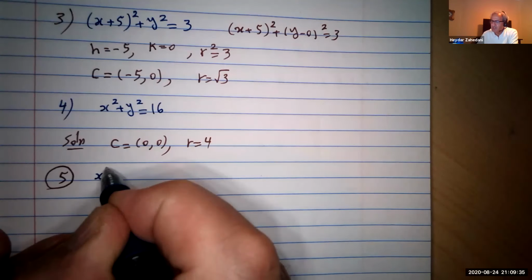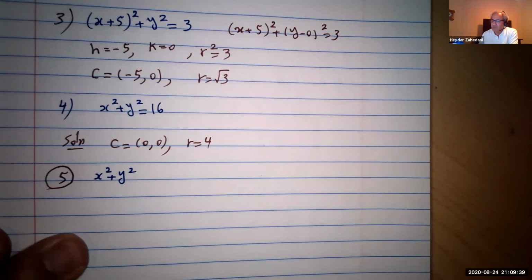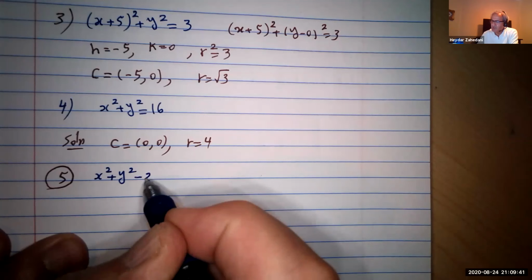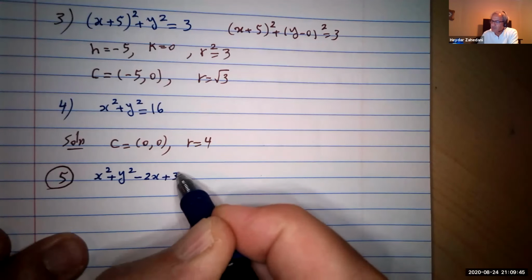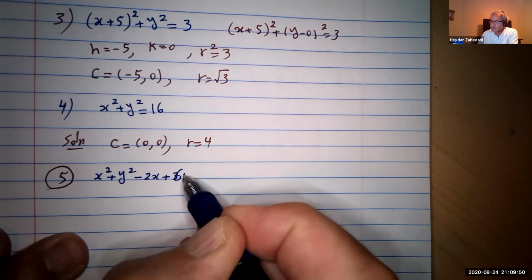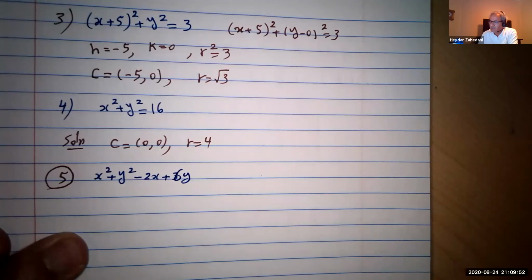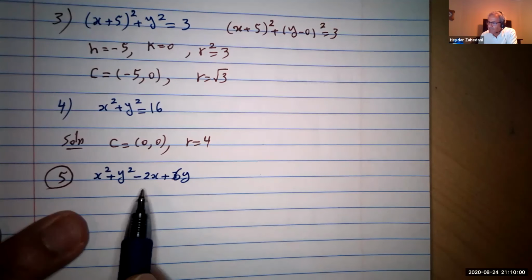You may be given x squared plus y squared minus 2x plus, let's say, 6y. Okay, these are going to be the case. x squared plus y squared minus 2x plus 6y.